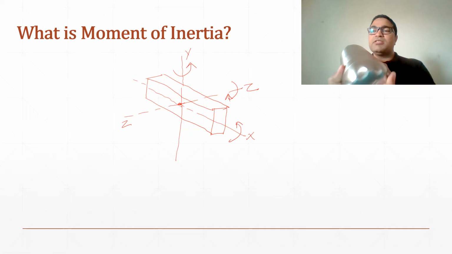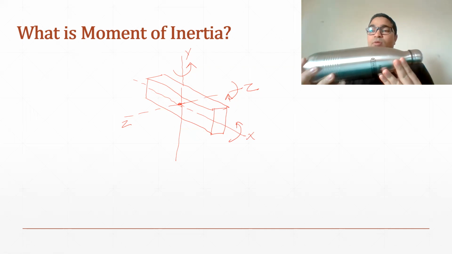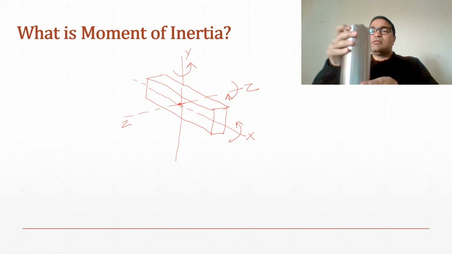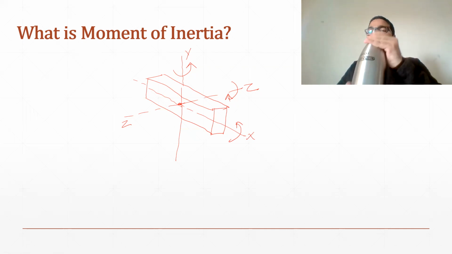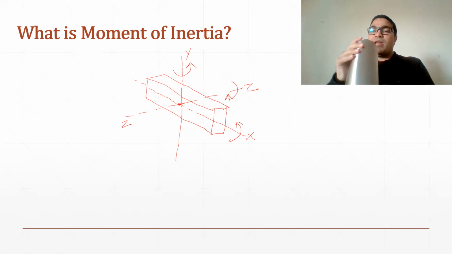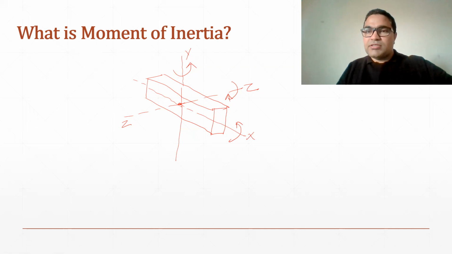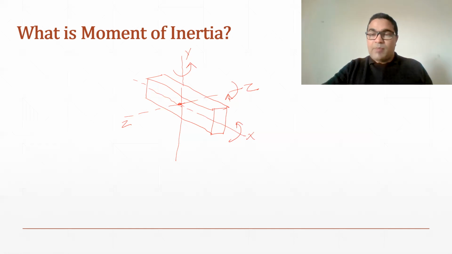If I want to rotate this, then I have to apply more effort to rotate it. Or if I have to rotate like this, I will be required to apply more force to rotate this bottle. So this effort of applying the force or moment to rotate a body about a particular axis is basically the moment of inertia.